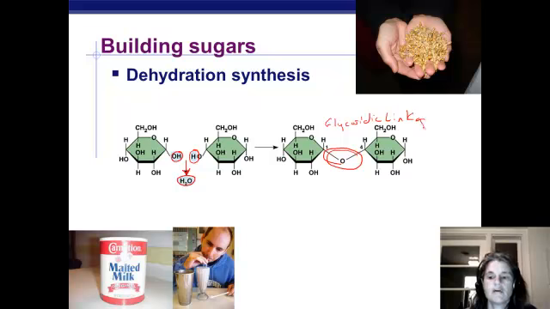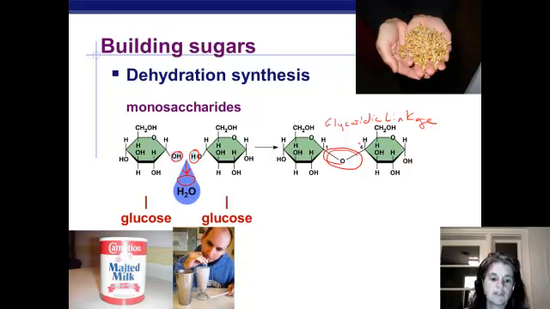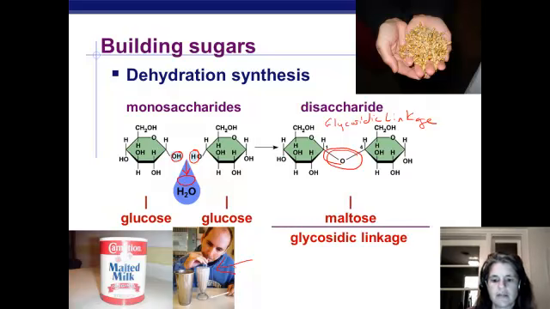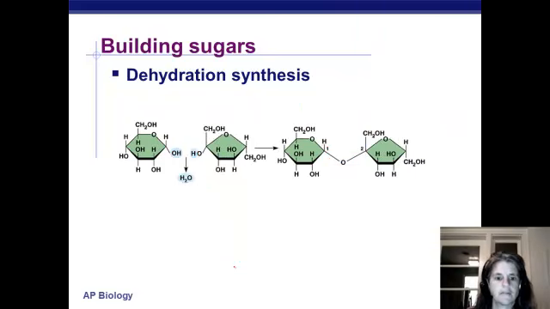That is no big fancy thing. That is just the name for the specific type of covalent bond. Glucose plus glucose gives you maltose, the sugar that is in malted. If you have ever had a malted, or if you like malted milk balls and milk eggs at Easter time, that's what you like. That is maltose, the flavor of that particular sugar.